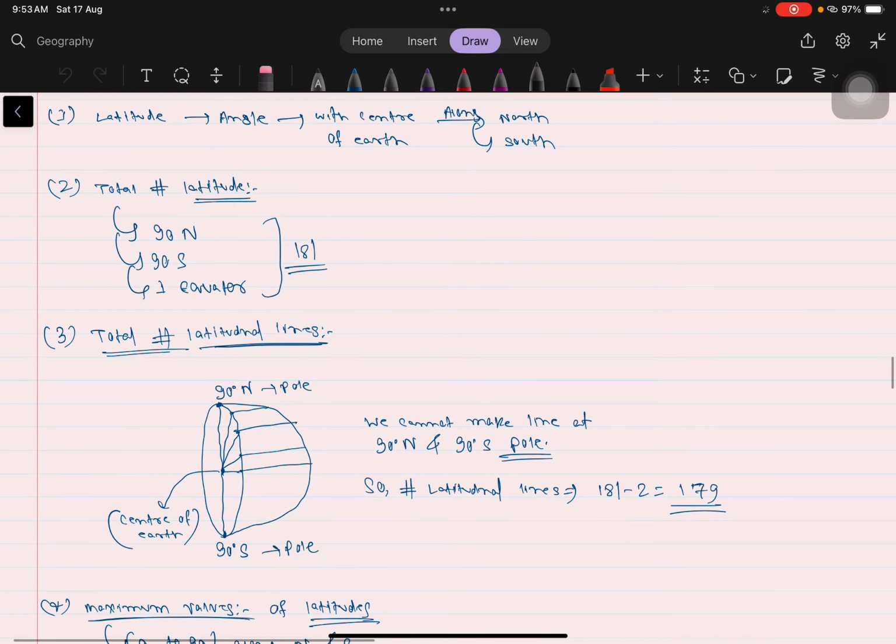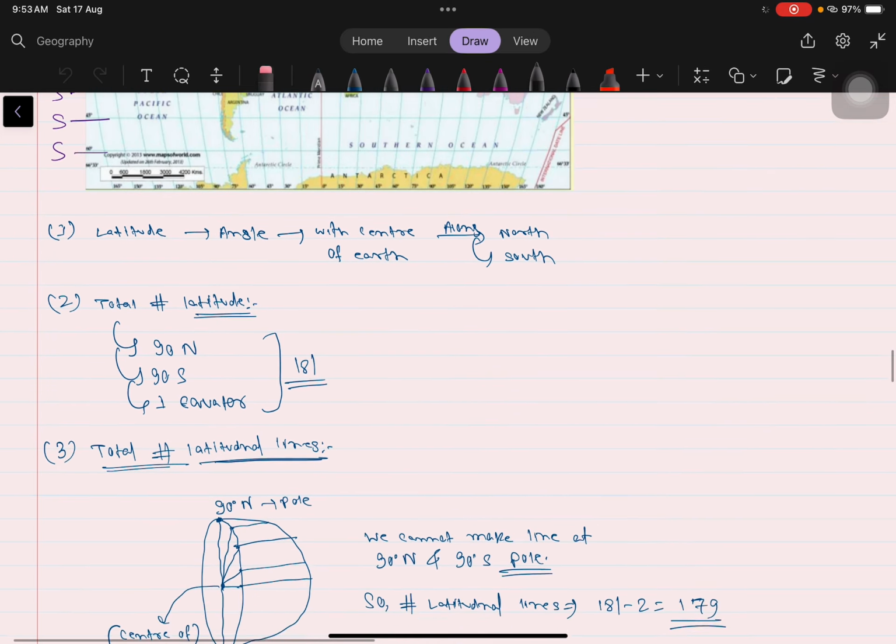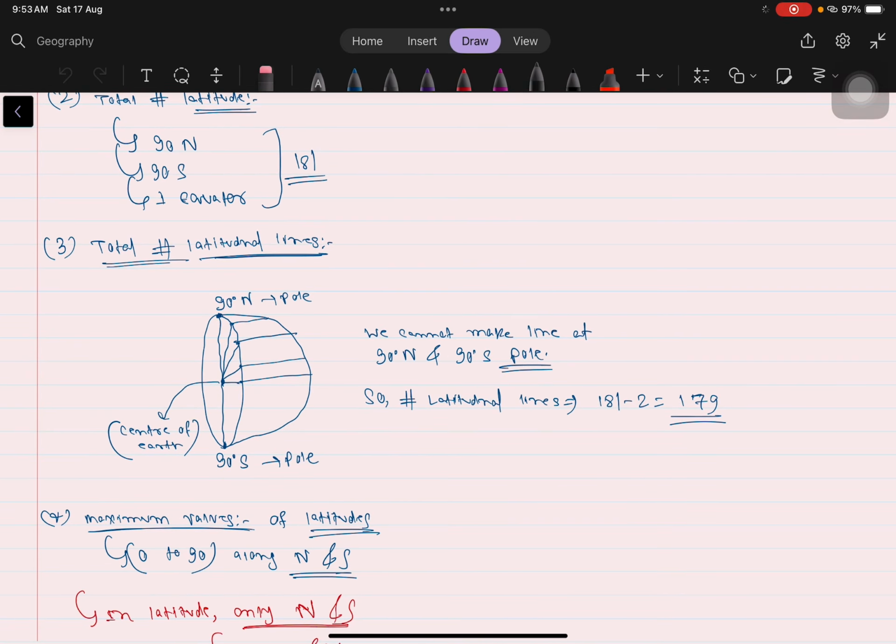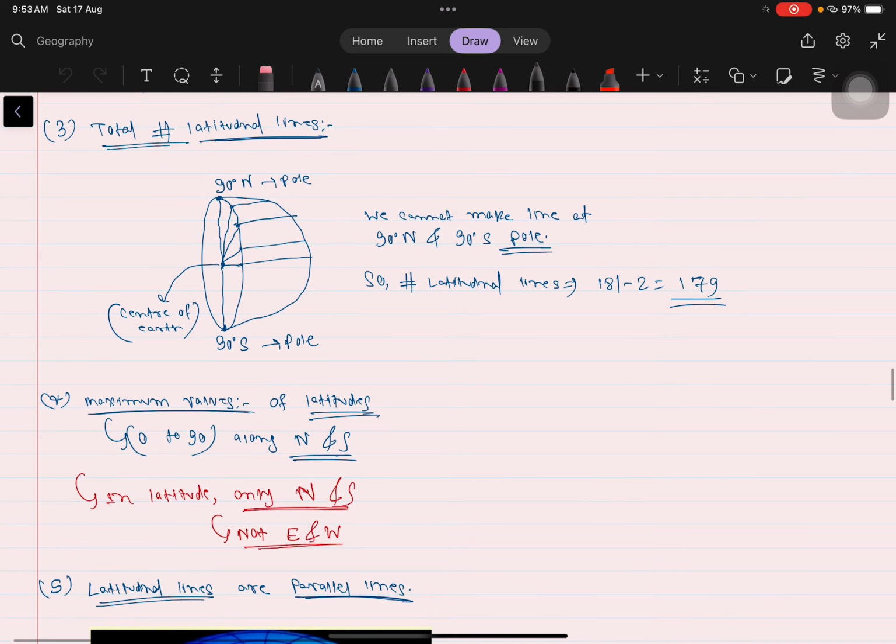Now talking about the maximum value of latitude, it is nothing but we can move from 0 to 90 degree in both north and south direction.